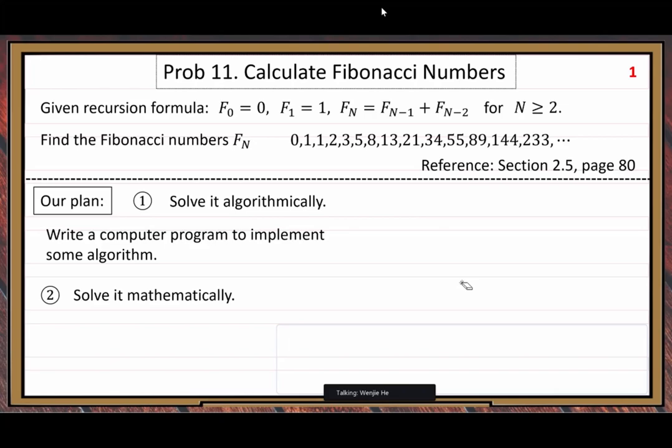Because for this recurrence equation, there could be a mathematical solution. That is, people can find an appropriate math formula for this capital Fn. If you can find a math formula for the Fibonacci numbers, then you just evaluate that formula.